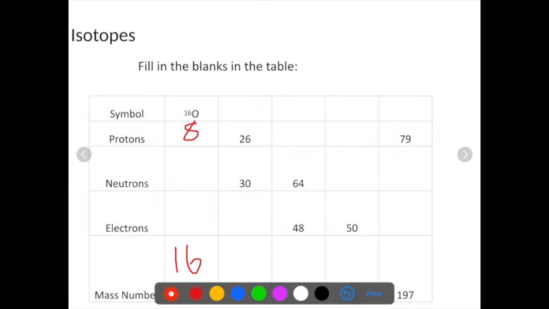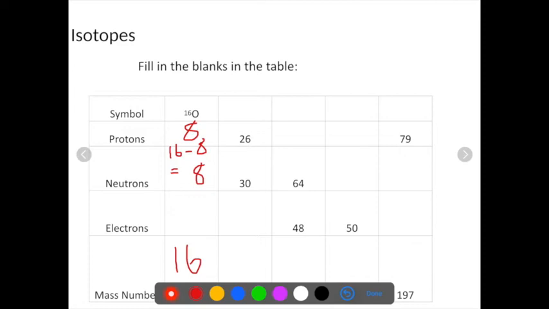Now that we know the mass number and the number of protons, we can figure out the number of neutrons. I take my mass number, 16, subtract out the protons, which is 8, and that gives me 8 neutrons.